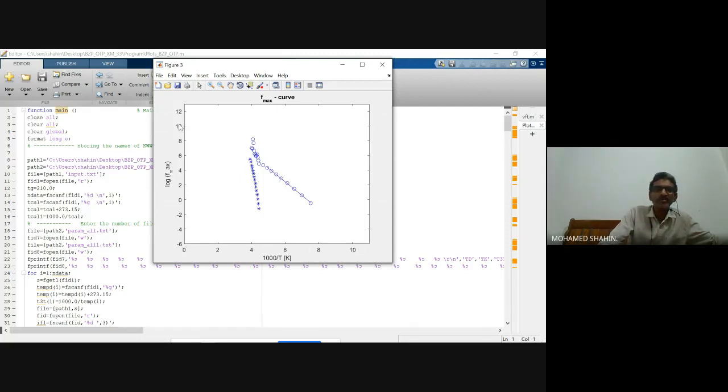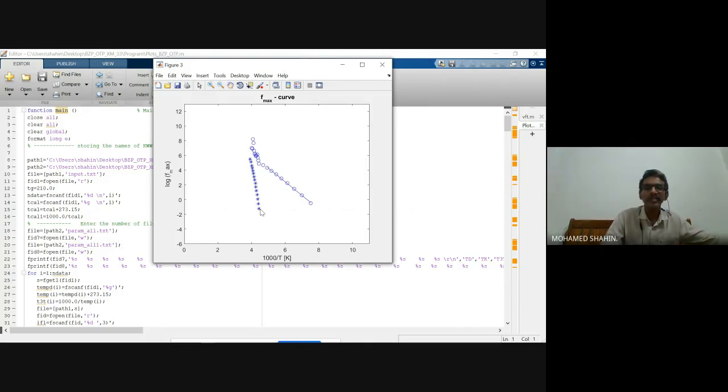On the y-axis, we do like this only, but the only thing is we flip it. So we flip it by 1 by 2 pi f max. So that is the relaxation time. So what is the definition of glass transition in relaxation time? Relaxation time when it reaches 100 seconds is the glass transition temperature.